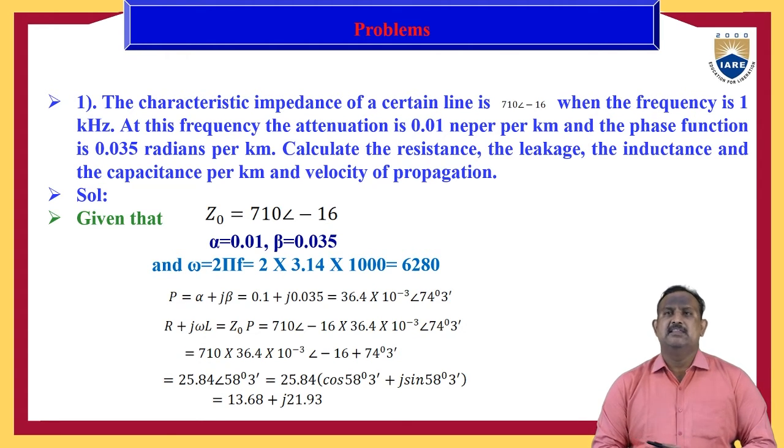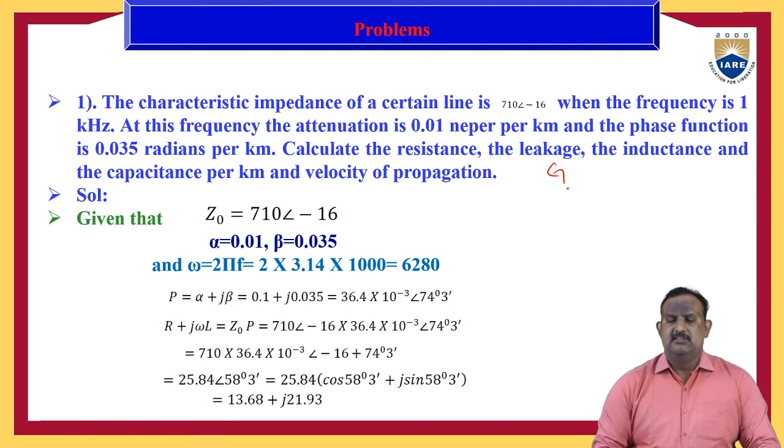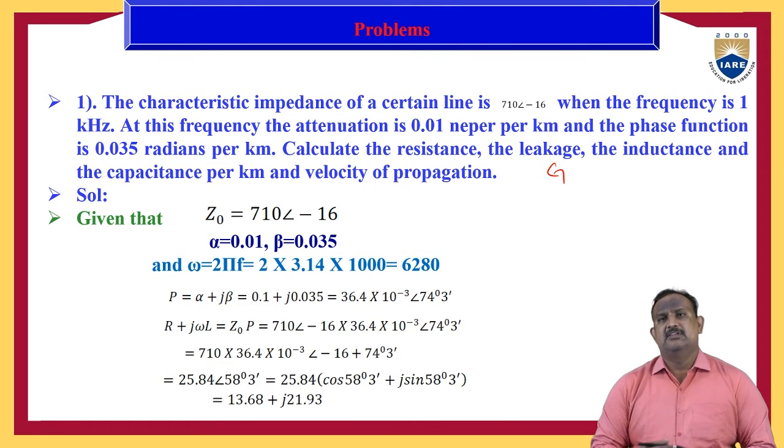At this frequency, the attenuation is 0.01 Neper per kilometer and the phase function is 0.035 radians per kilometer. Then calculate the resistance, the leakage conductance, here it is G, then the inductance and the capacitance per kilometer, and velocity of propagation. So here we need to find out all the primary constants and velocity of propagation.